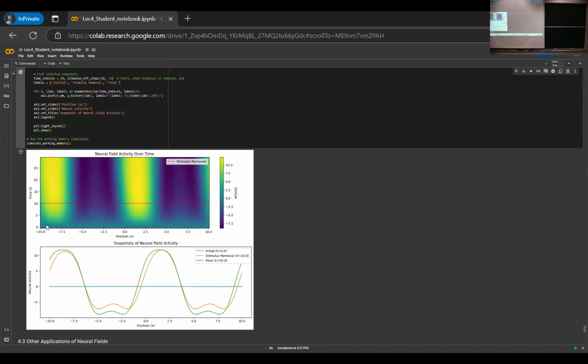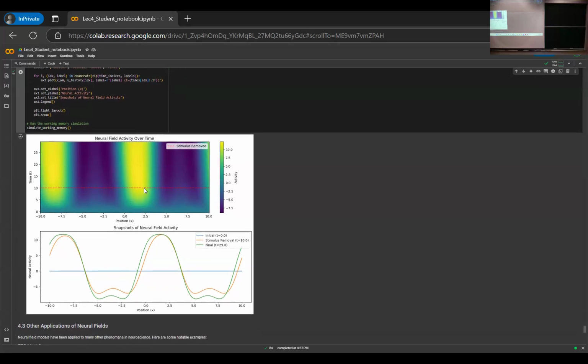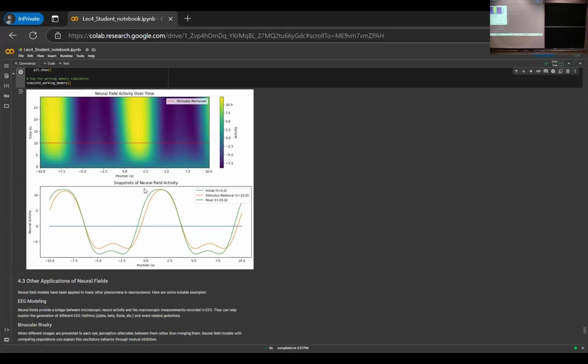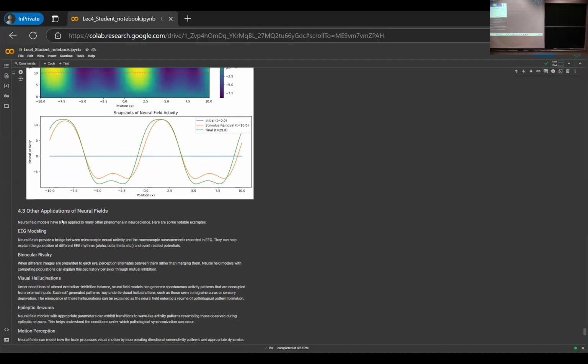This is our 0 condition, and when we add the input, it falls into matching the shape of that input. When we remove that input as well, you can see that the neural configuration still persists and captures the same shape of the input that was given. So this is a model of working memory, or short-term memory in general.